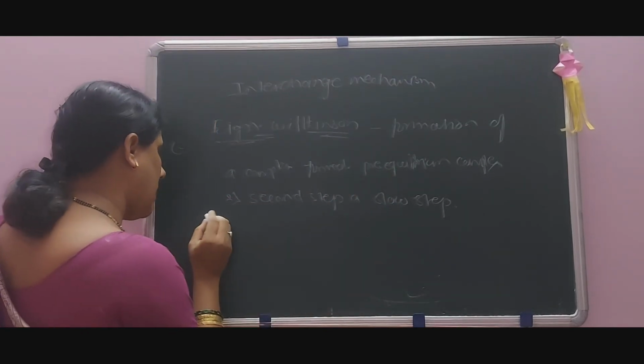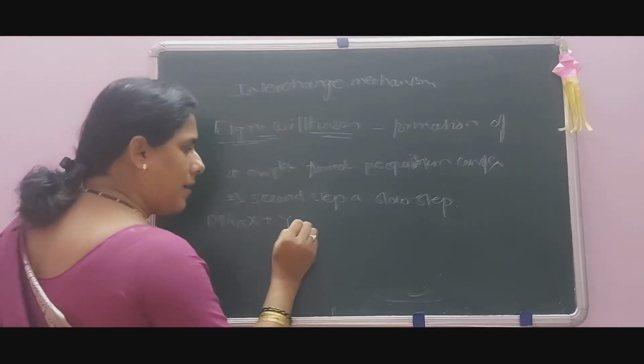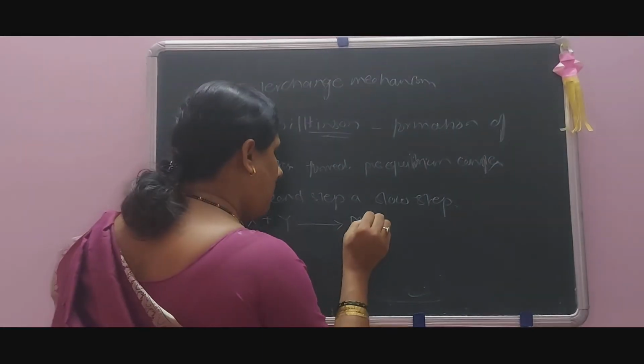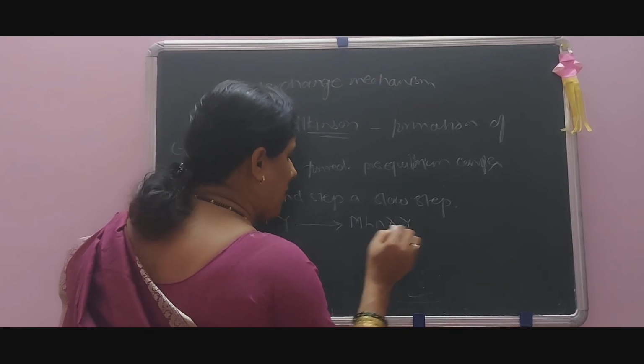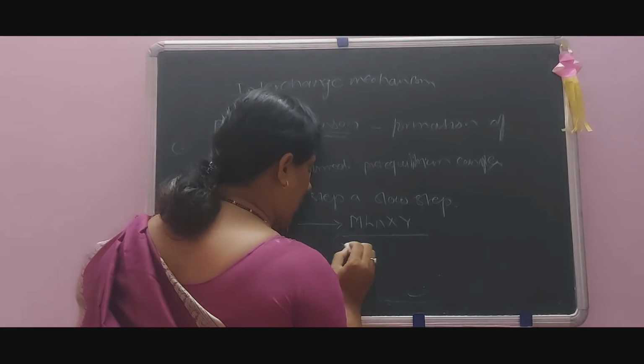According to that, we take the general example M ln X plus Y, forming M ln X Y here, which is called the pre-equilibrium complex.